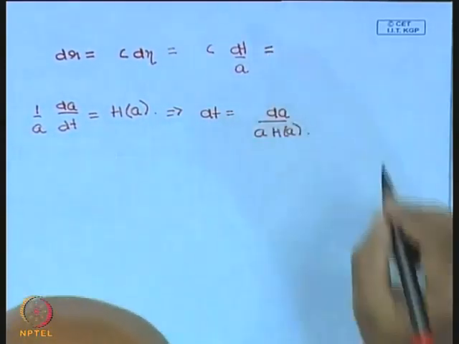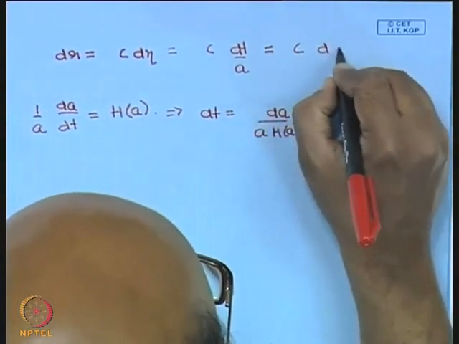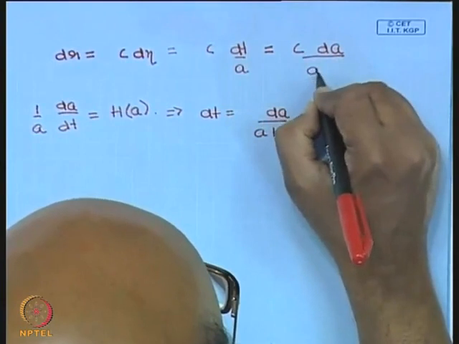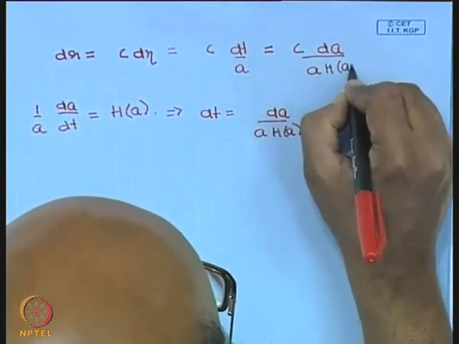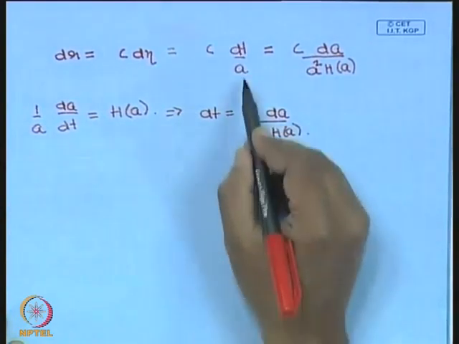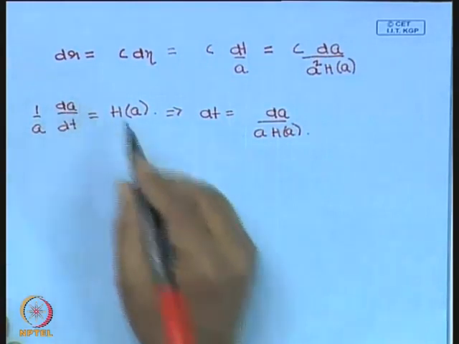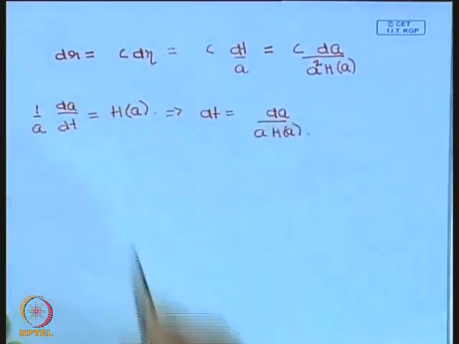So what we have here is that this is equal to c da by a squared H of a. There will be a squared here because there is 1 by a coming from here and there is already a 1 by a there. Okay, so you can now integrate this.